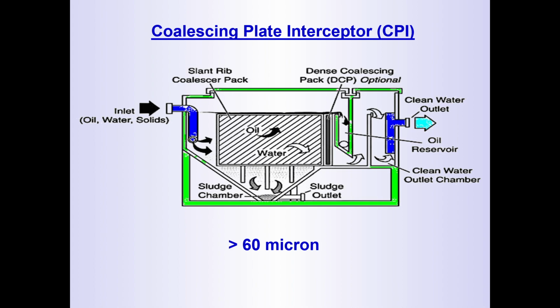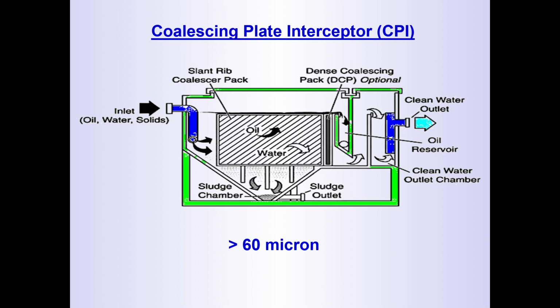You can see it has a slant rib coalescent pack, and also a dense coalescing pack. What is the use? Coalescing plate separators remove suspended solids, free oils and grease from the wastewater using gravity.